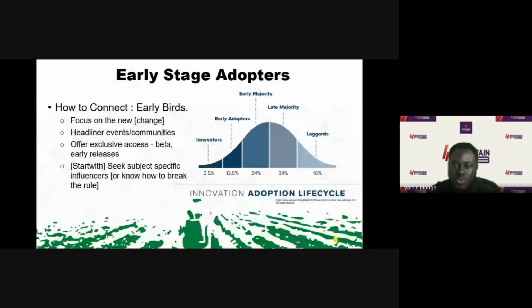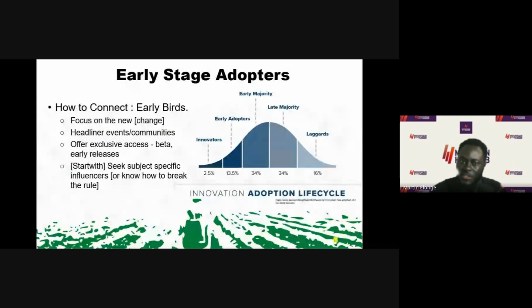So one very important thing on connecting with early stage adopters is for us to be able to seek subject-specific influencers. So if your startup is into agriculture, you should be able to look at influencers, early adopters around agriculture, because they'll be able to pull the specific market that you're looking at, which will be more sustainable than focusing entirely on getting early adopters who are very much into music.